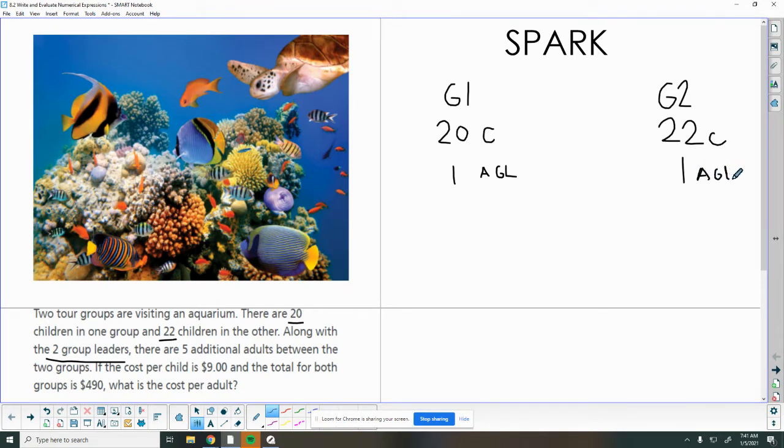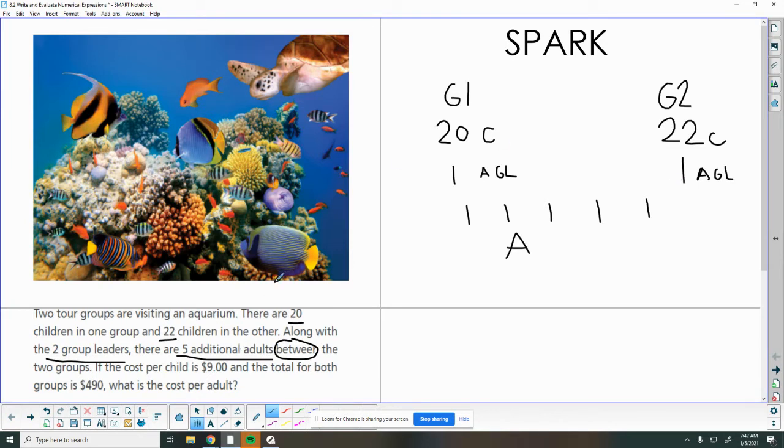So there's 2 adult group leaders. There are 5 more adults between the 2 groups. So that word between is very important. There's not 5 in each group. There's 5 all together. So we've got 1, 2, 3, 4, 5 more adults that are sharing the groups.